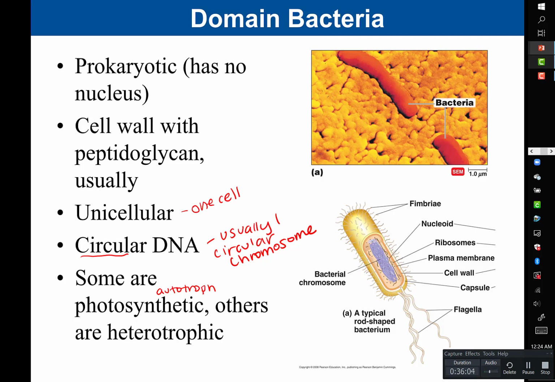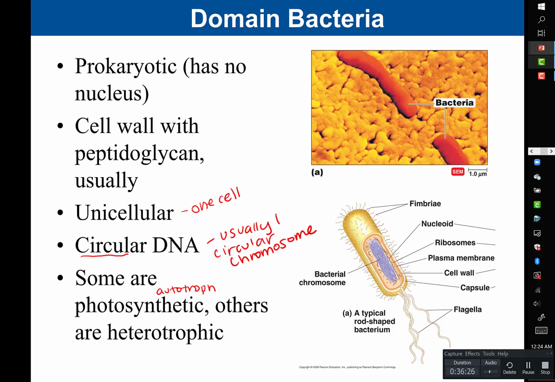Bacteria are more simplistic than, let's say, a eukaryotic cell. They have a cell membrane or a plasma membrane, and external to that, they have a cell wall. Again, that cell wall is typically going to be a peptidoglycan. They have one circular chromosome. It's not within a membrane.